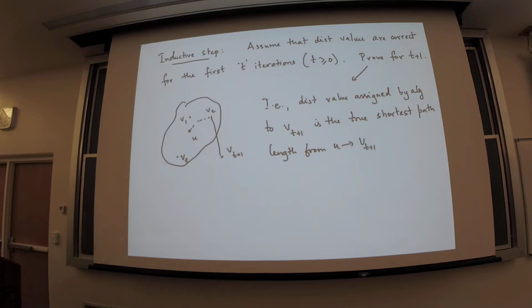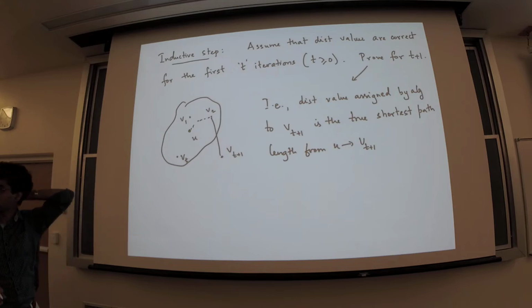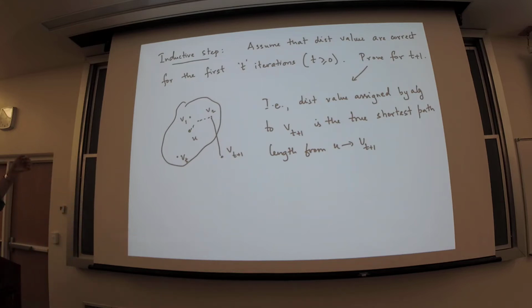So this is what we'd like to show. Is everyone clear on this? How would you now show this? You know that whatever distance value was assigned from v1 through vt was the correct one. That's what we know by induction. So how do you argue that the shortest path to vt plus 1 is actually the correct one?